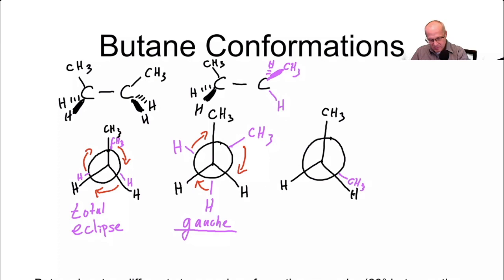So now the large group is eclipsed with a hydrogen. So that's called eclipsed. It's no longer called totally eclipsed. Make sure I do this right. Oops, I'm supposed to use a different color here, aren't I?